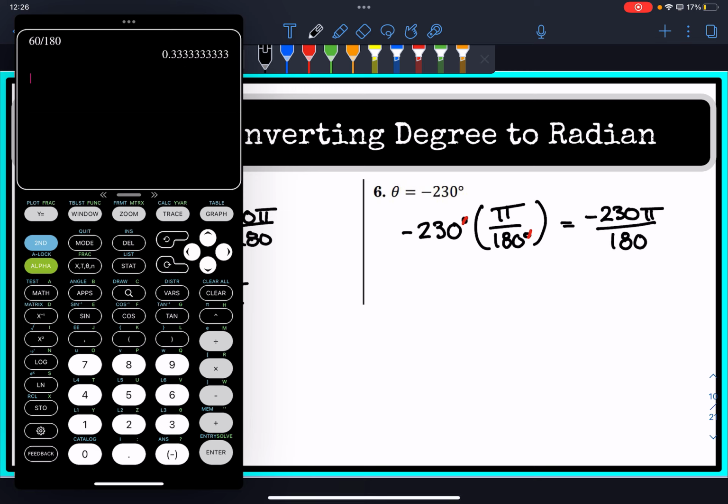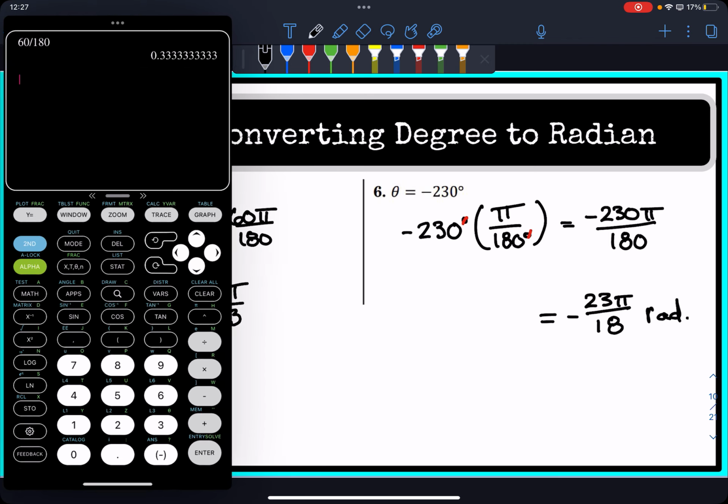Looking at the common factor here, this reduces by a common factor of 10. Dividing both numbers by 10, we end up with negative 23 pi over 18. So this is your radian measure. Now we could estimate the decimal value for that, but no, let's keep it in terms of pi. We want all our answers to be in terms of pi.